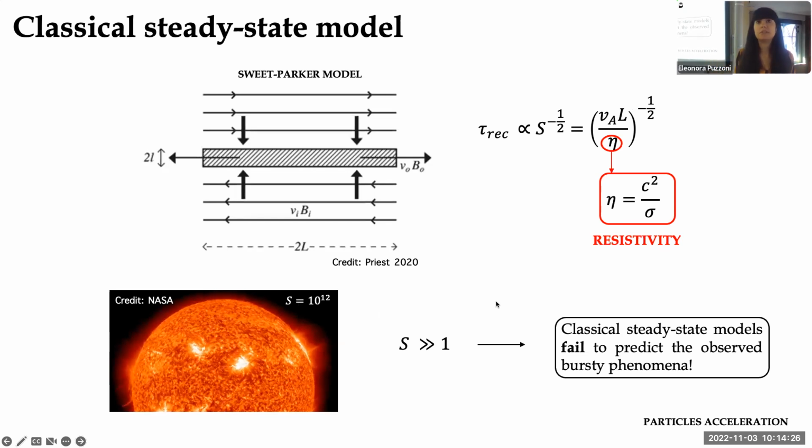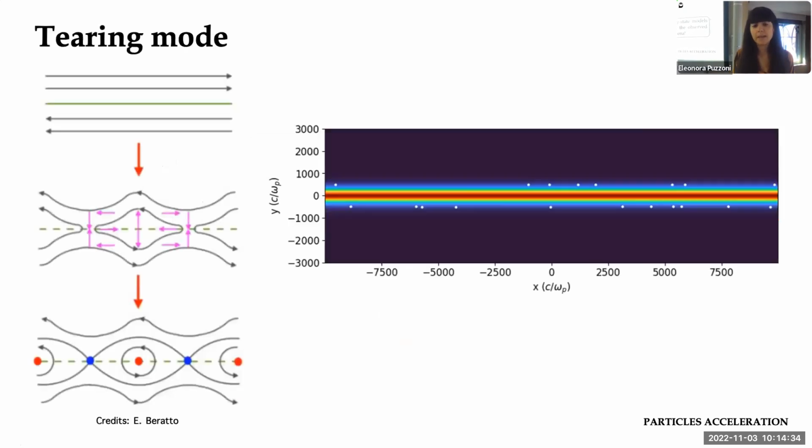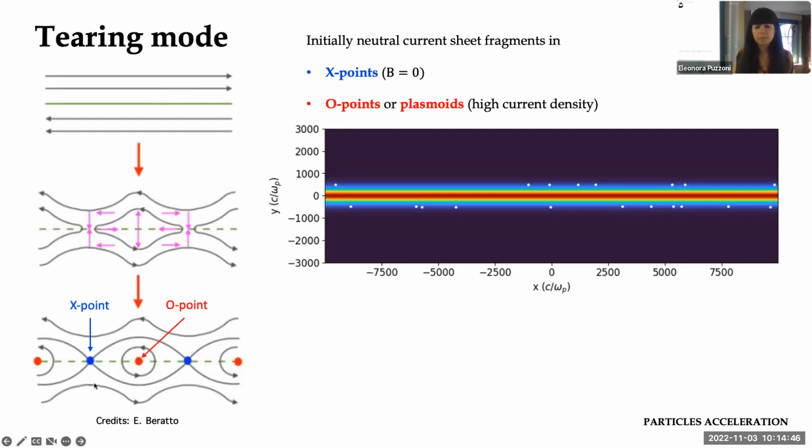However, a different picture emerges when magnetic reconnection occurs as a time-dependent and unstable process triggered by dynamical instabilities such as the tearing mode. In fact, this instability fragments an initially neutral current sheet into a number of X points, the blue points, and O points, the red points. In the X point, the field lines cross each other and the magnetic field has null points, while the electric field is very strong.